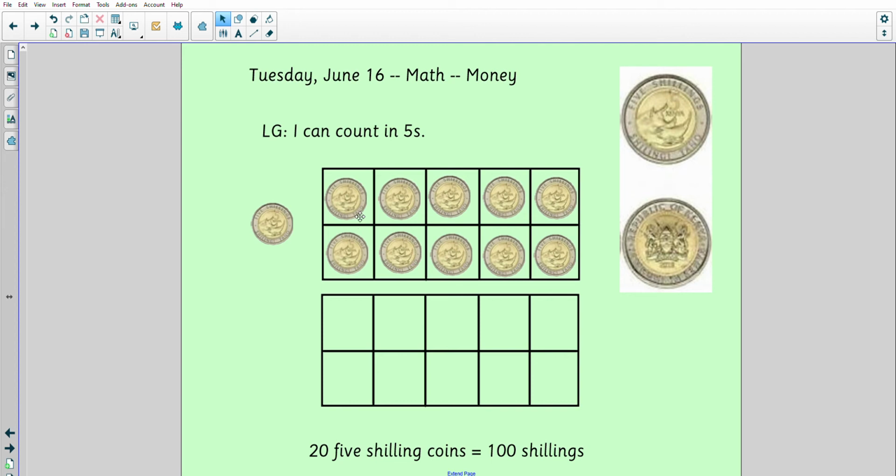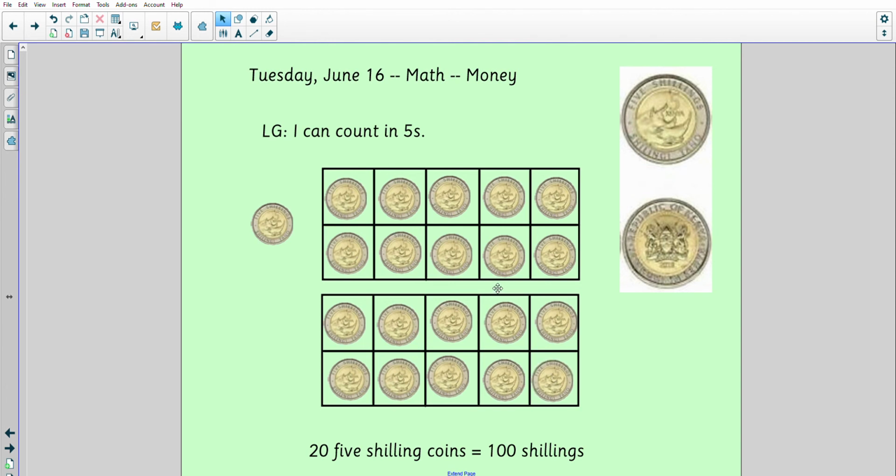Let's count up to get to 100 shillings. So 50 plus 5 is 55, plus 5 more is 60, then 65, 70, 75, 80, 85, 90, 95, and 100.